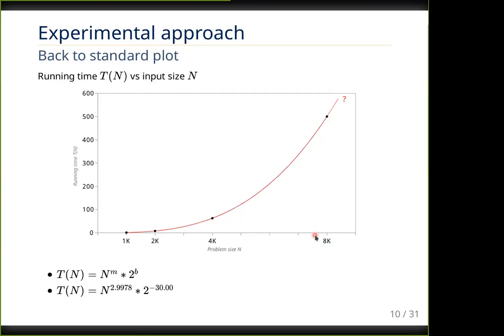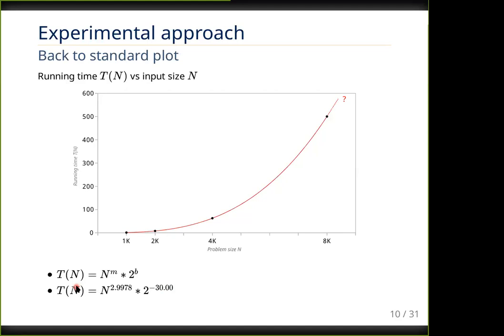For example, we could now calculate for 16 kilo integers as an input, and predict what would be the running time by applying this equation. We would essentially replace n by 16 kilos, then solve this equation, and that would give us T of n, which is the running time for that input size.